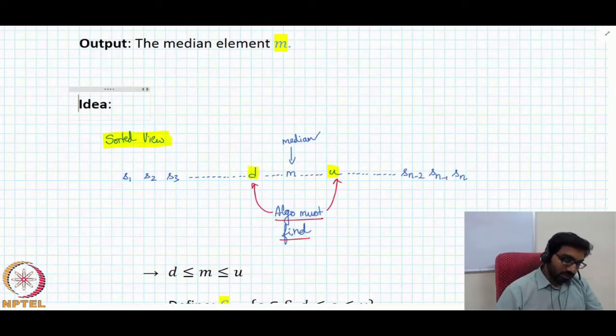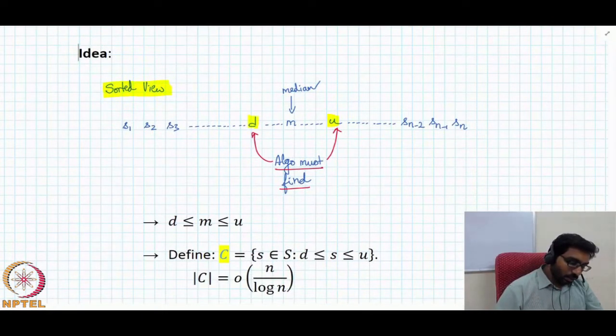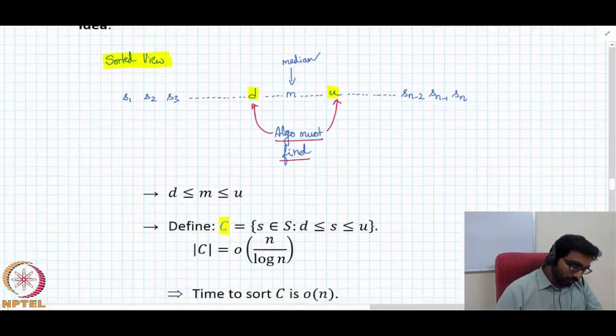In this sorted view, the middle element, of course, is the median. And the idea behind this algorithm is to find two elements, D and U, on either side of M, and hopefully these two elements are close to M.